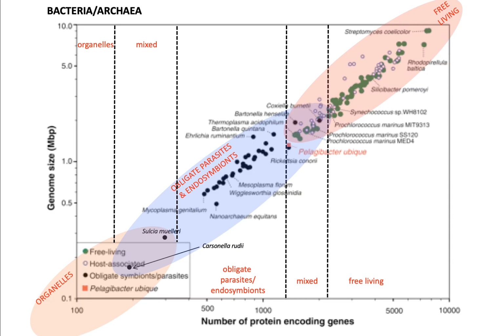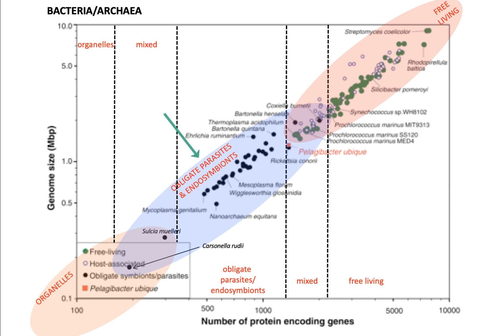Here's a graphical representation of the same thing, so this is all for bacteria and archaea. You can see the free-living organisms up on the top right of the diagram, where the genome sizes are above about 1 million base pairs, and the number of protein encoding genes is around 1,500 to 2,000 and above.